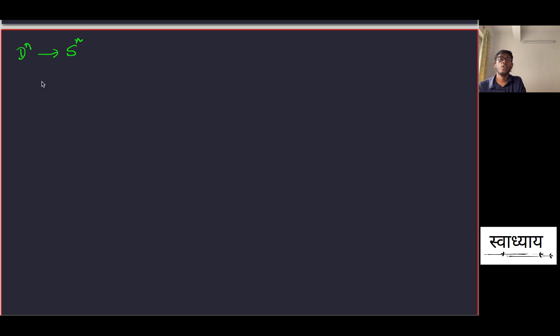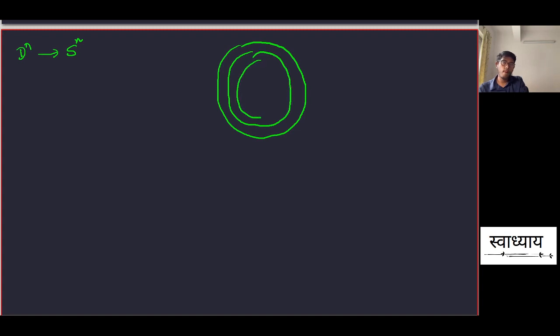See what is exactly happening in the disk to sphere example. It's like the whole thing goes to one point, this goes to the circle, this goes to somewhere else. It's like that.